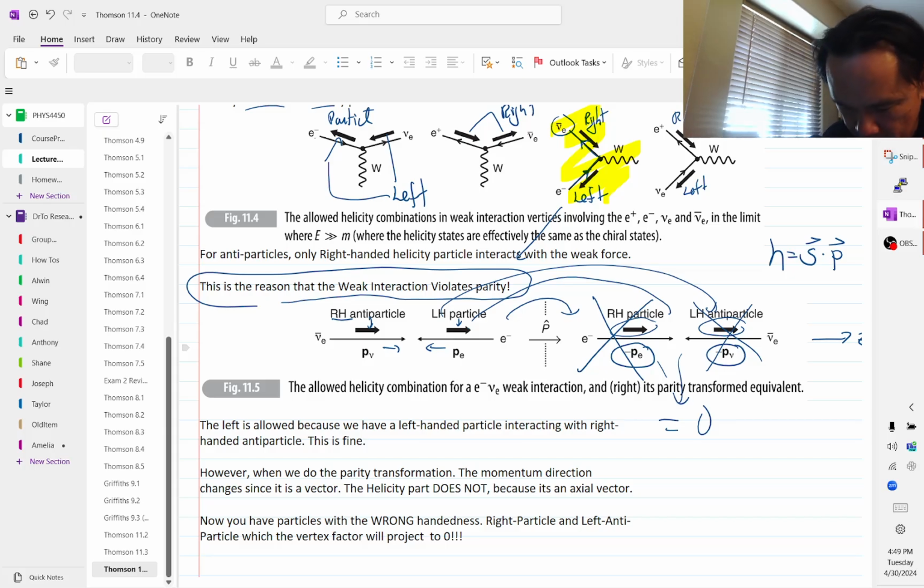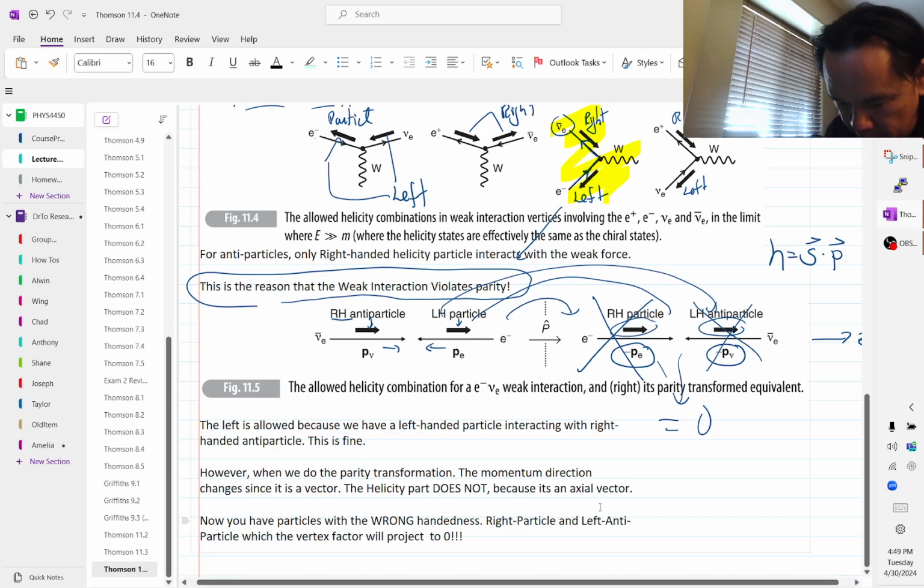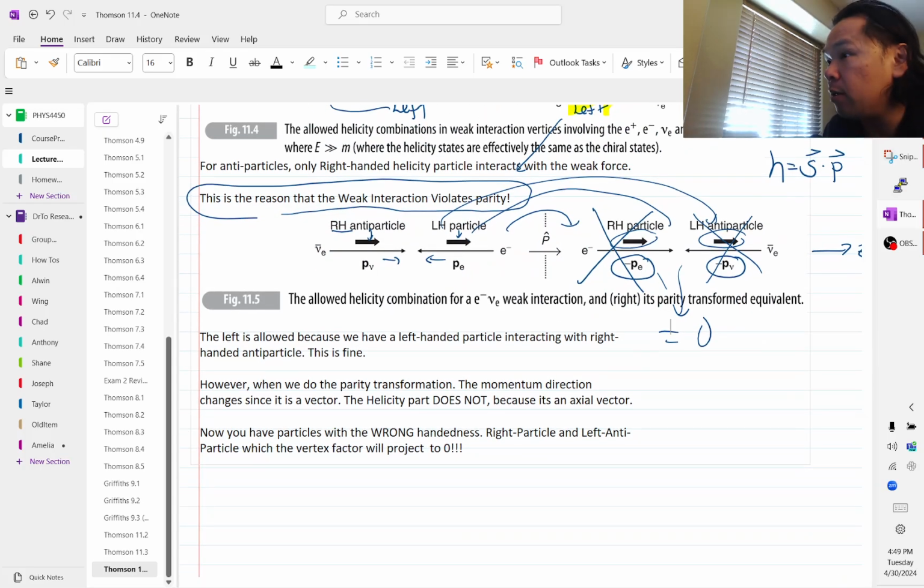This is the interesting thing about the weak interaction: if you were to do the same interactions in the mirror universe or the parity-transformed universe, some interactions that were possible become impossible. So that's it for this section, and then I will stop.